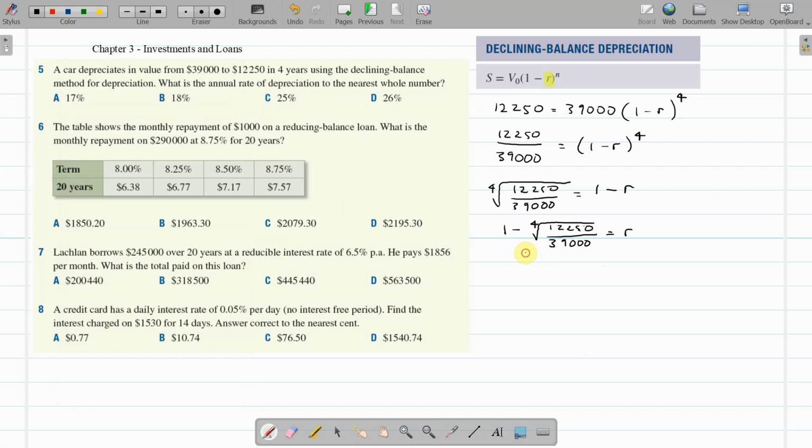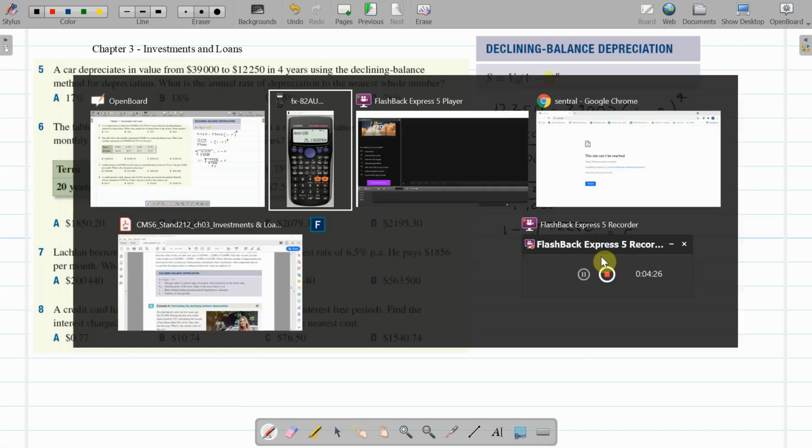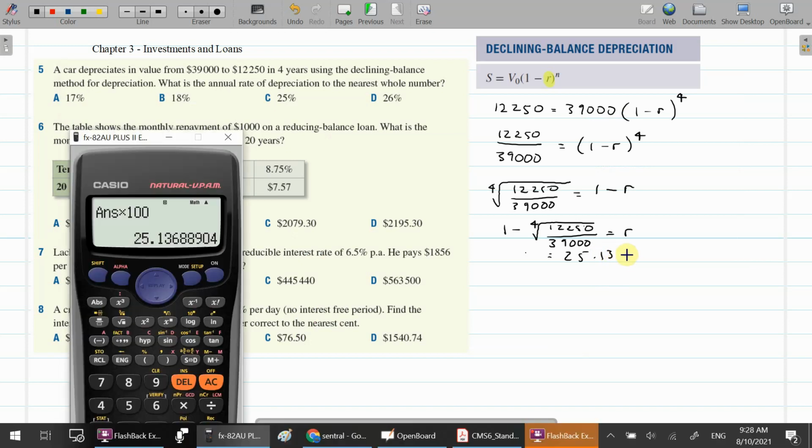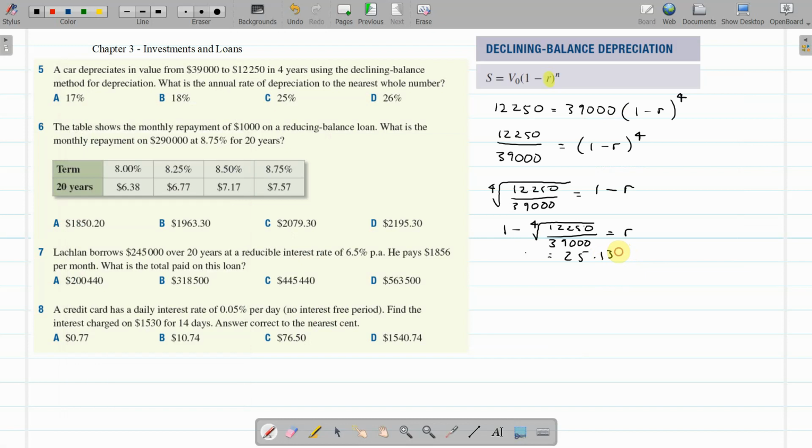So that equals 25.1367139, that'll do. That's close enough, which is basically that answer there. So as you can see, if you don't remember how to do this, then for these sort of questions you've got to have a guess, because it's not worth the time.